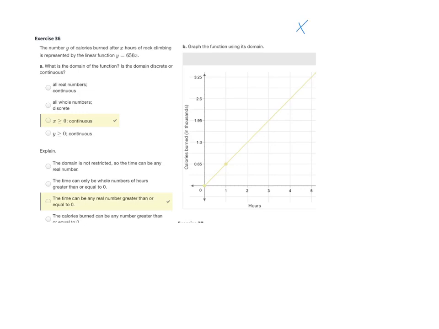Your x value is going to be greater than or equal to 0. And we know it's continuous, so that would mean it would have to be that choice. Explain. Time can be any real number greater than or equal to 0. So the time can be 30 minutes. It doesn't have to be in chunks of hours.